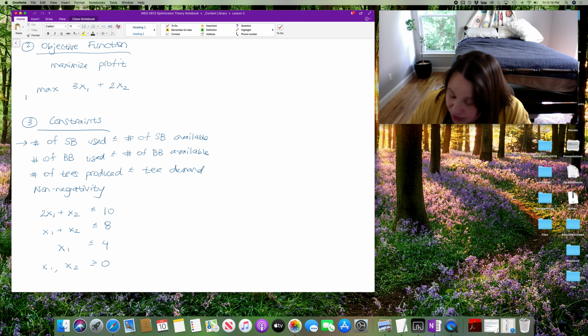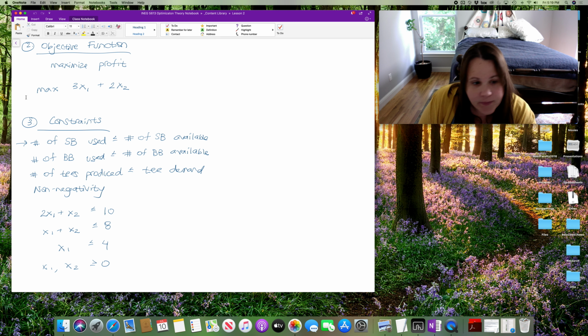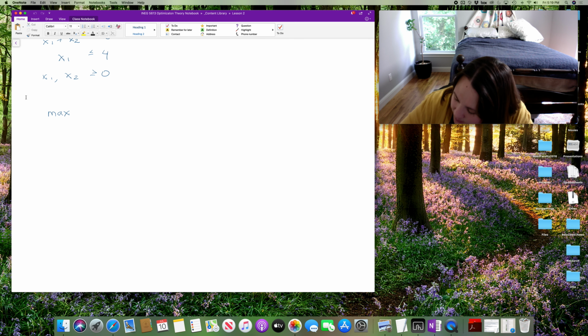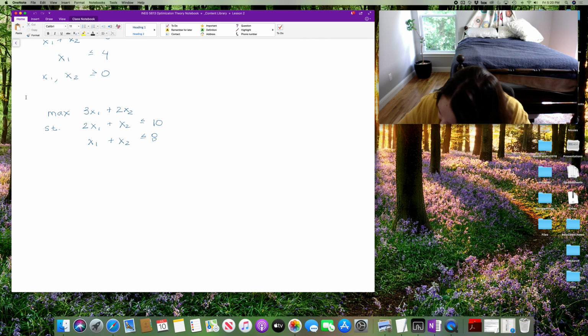Putting this all together, we're going to get our first model where we are maximizing, let me just scroll up here, maximizing 3x1 plus 2x2 subject to, so ST is subject to, 2x1 plus x2 is less than or equal to 10, x1 plus x2 is less than or equal to 8, and x1 less than or equal to 4, and then lastly, we have non-negativity.